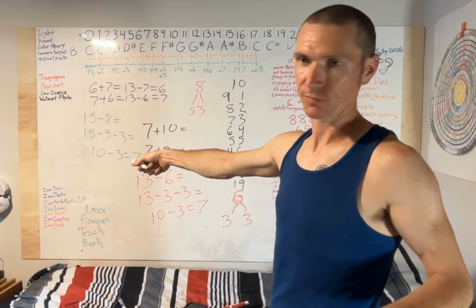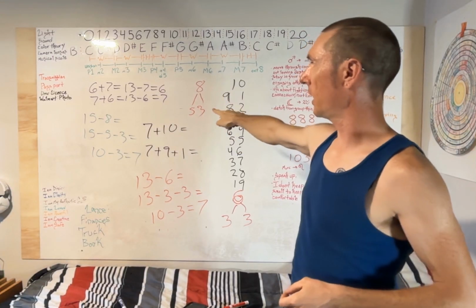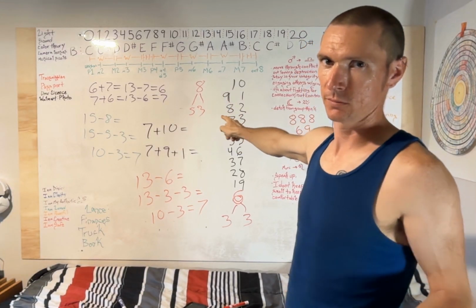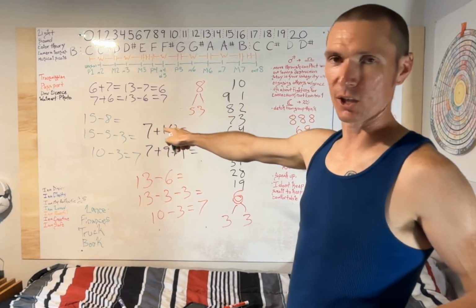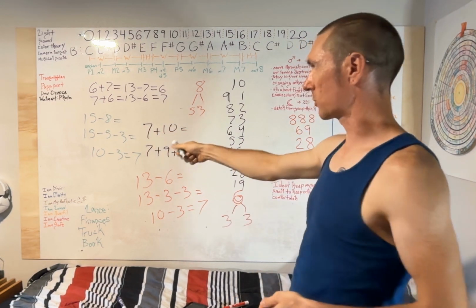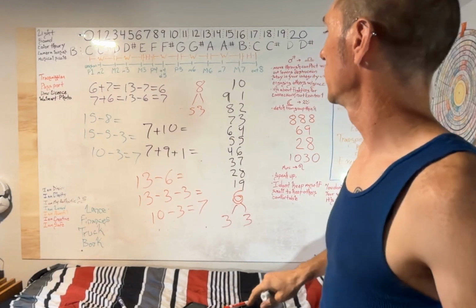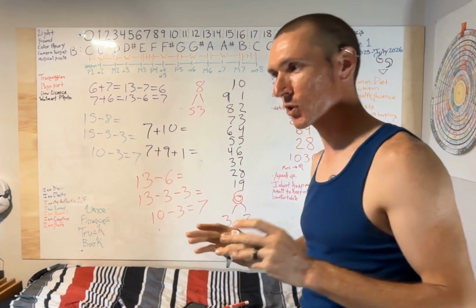Right? So 15 minus 8, you just break that 8 up into the 5 and the 3. Because that 5 will get you down to 10, and then you take the second number and you subtract from there. Okay, cool, I'm starting to get it.